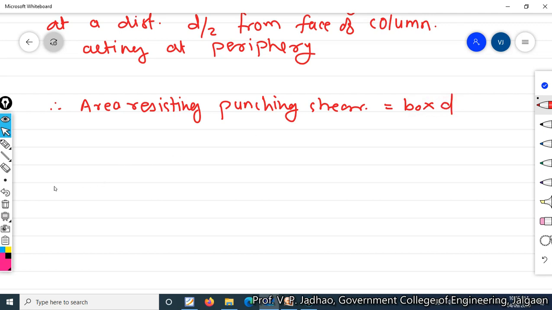We have already calculated b0 is equal to b plus small d, and it will be multiplied by small d. But we should know that this b0 is 4 times this b plus d.